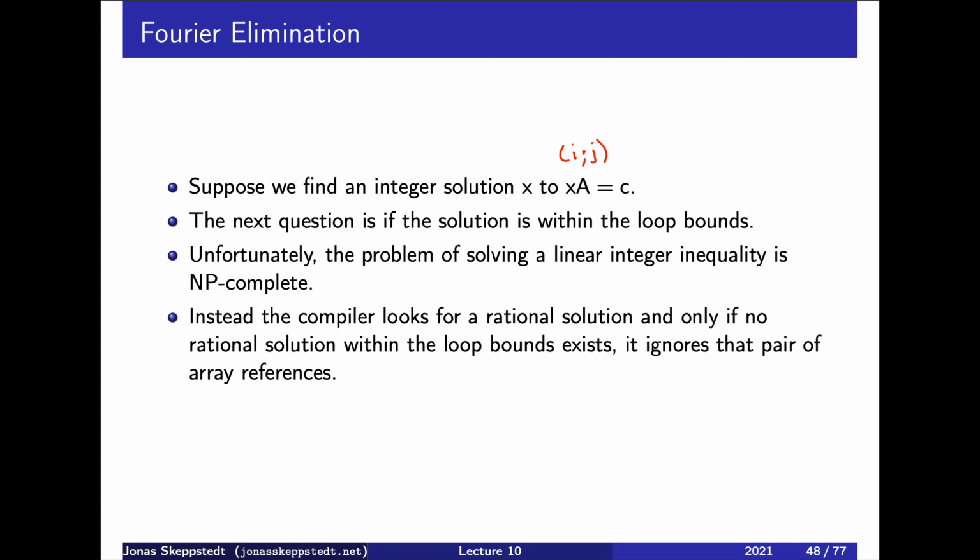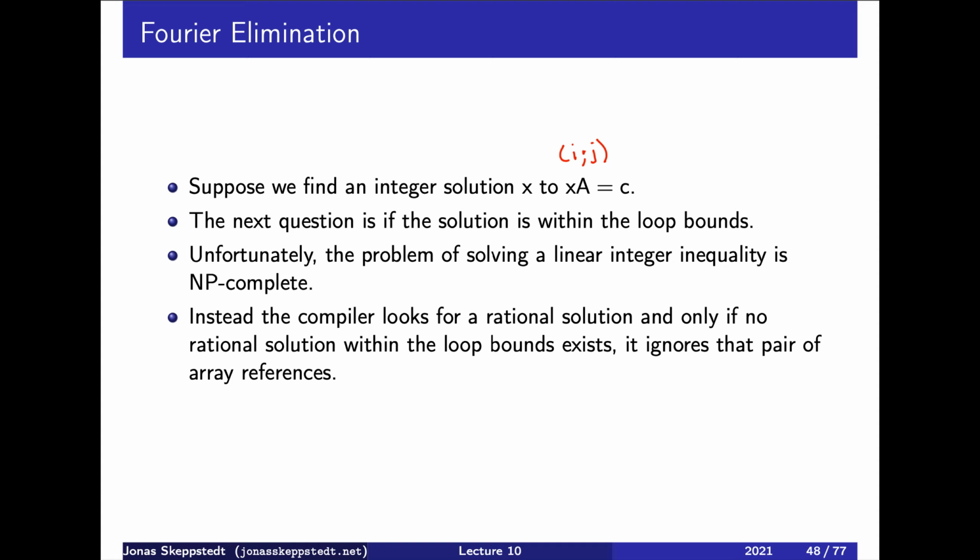If there is no integer solution, then we can forget this pair of references. But if there is a solution, then we want to know if this solution is within the loop bounds, meaning each of the i and j parts of this is within the loop bounds.